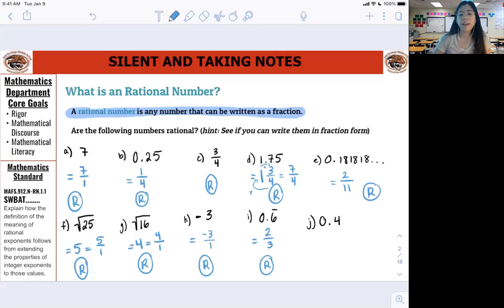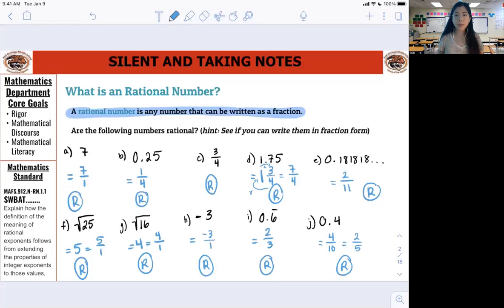All right, and then finally 0.4. 4/10, which simplifies to 2/5. Rational.